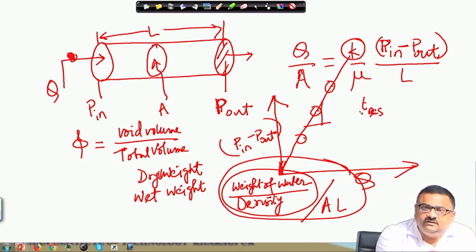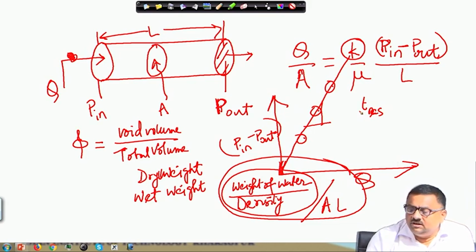So, color is introduced and you wait for some time and you see the color appearing at the outlet. So, we are talking about residence time TRES.